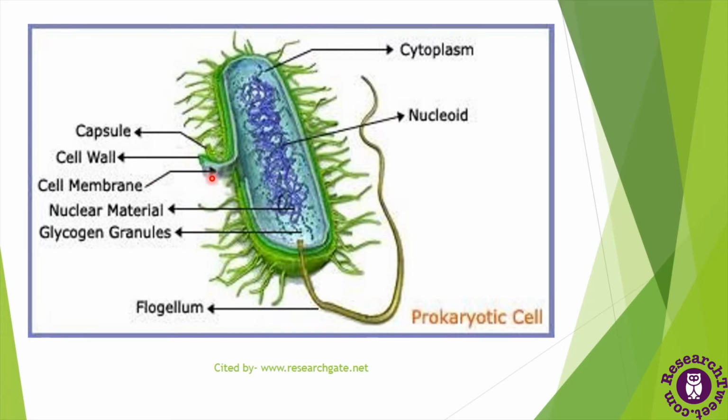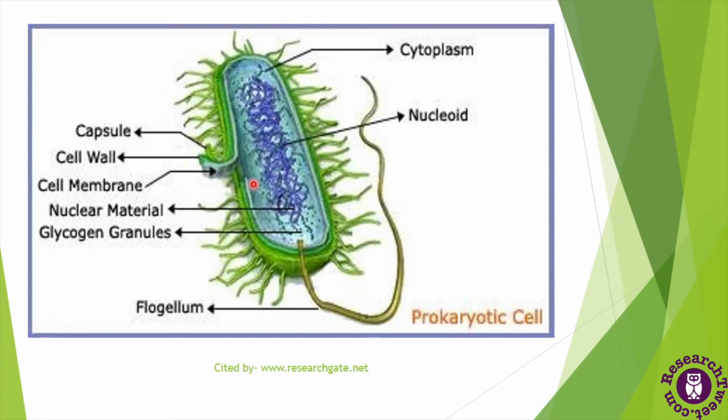Inside the plasma membrane there are cytoplasmic organelles embedded in the cytoplasm. The cytoplasm is a fluid-like structure which fills the cell. Unlike eukaryotic cells, the prokaryotic or bacterial cells lack several types of cytoplasmic organelles, which are membrane-bound organelles.